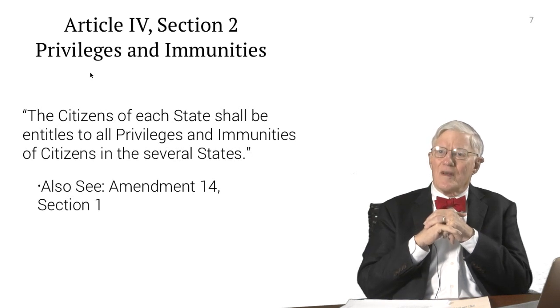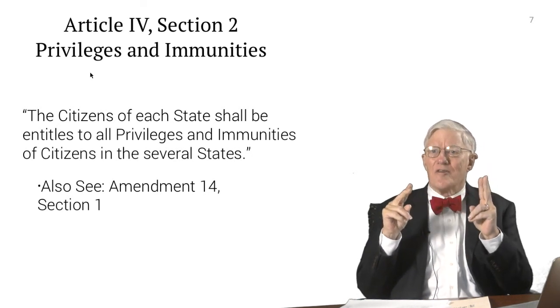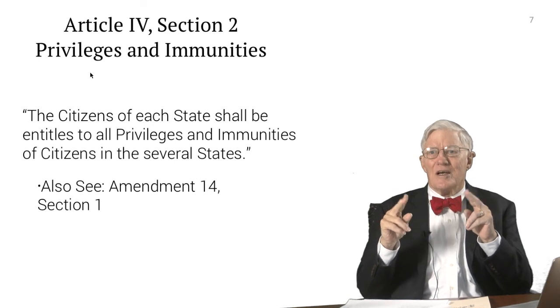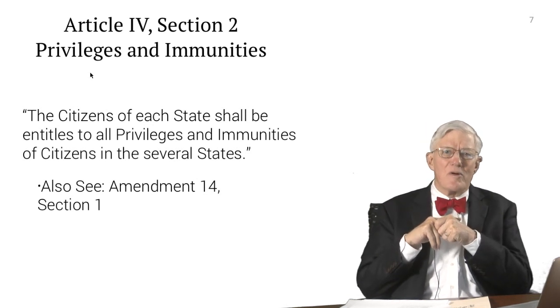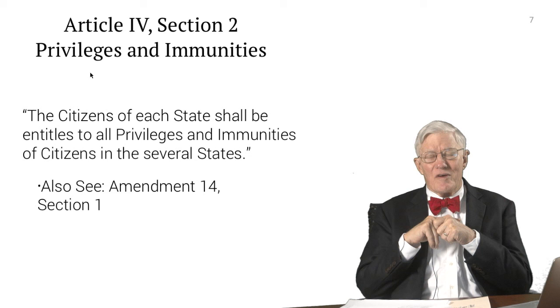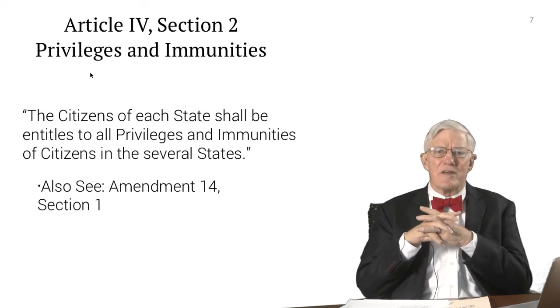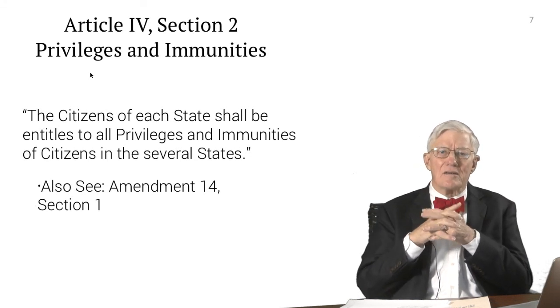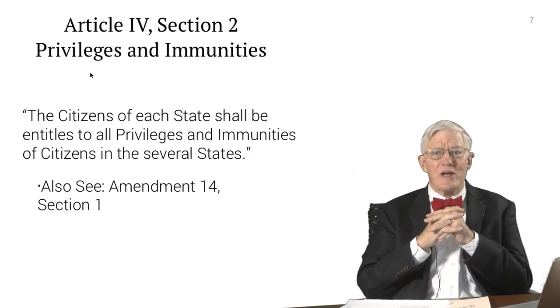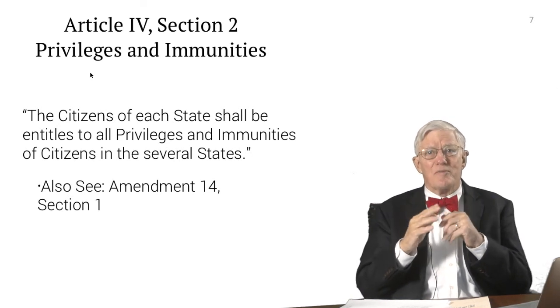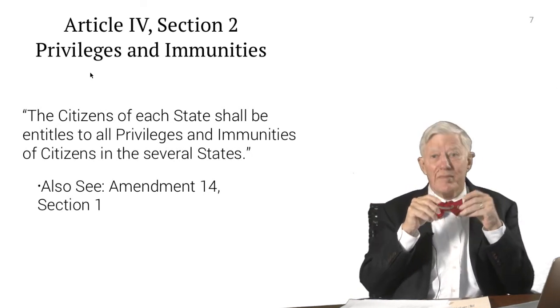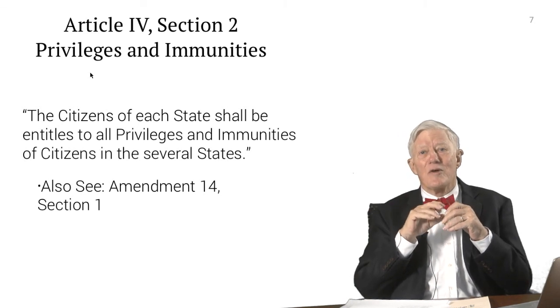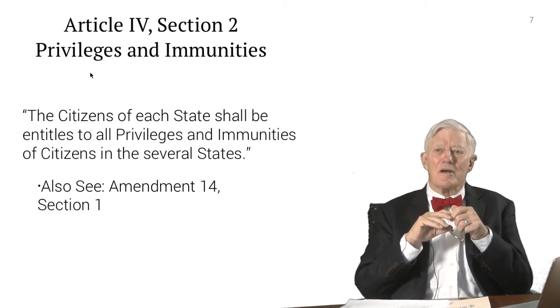First of all, the idea of privileges and immunities was incorporated in a number of the royal charters. Privileges and immunities is very specifically laid out in the Articles of Confederation. So the concept of privileges and immunities actually precedes the adoption of the federal Constitution, and it becomes a very important principle.